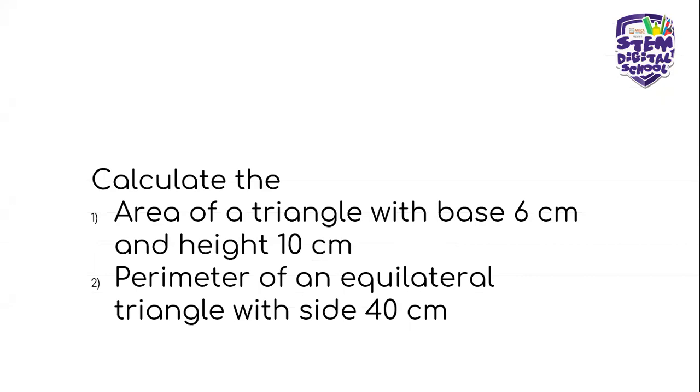I'm deliberately giving you this activity because I want you to remember when we come to the surface area, for instance, of a triangular prism, that there are two triangles there. Once you can find the area of one of the triangles, you multiply that by 2, and then you can do the areas of the 3 rectangles. That will give you the total surface area of your triangular prism.